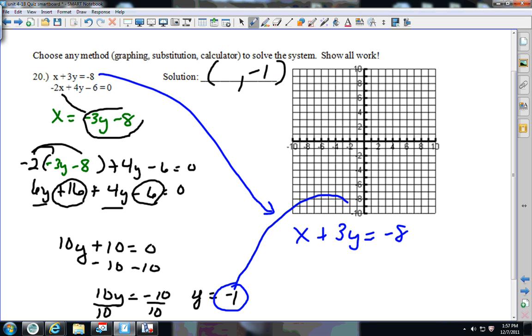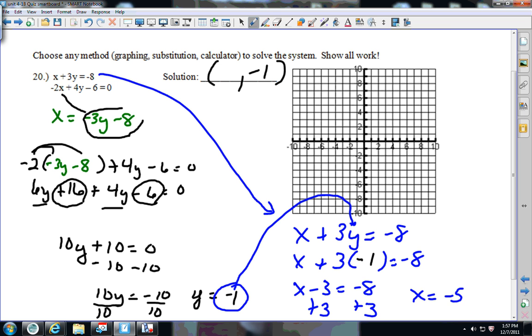Negative 1 right here goes there. X plus 3 times negative 1 equals negative 8. X minus 3 equals negative 8. Add 3 to each side. X equals negative 5. There we go. There's the right answer.